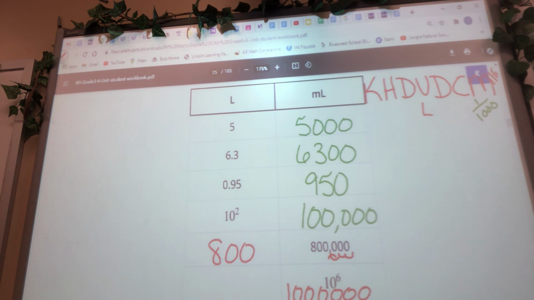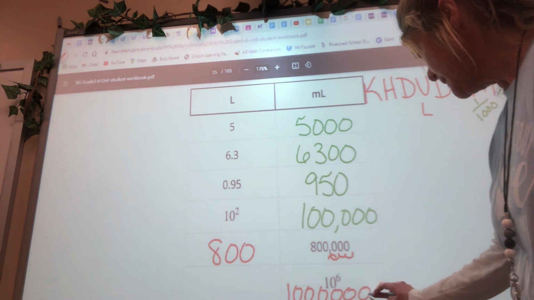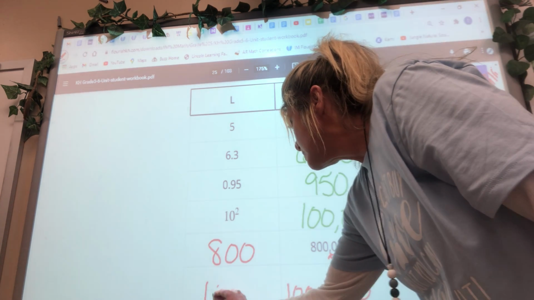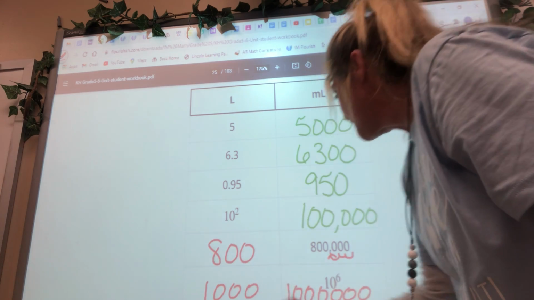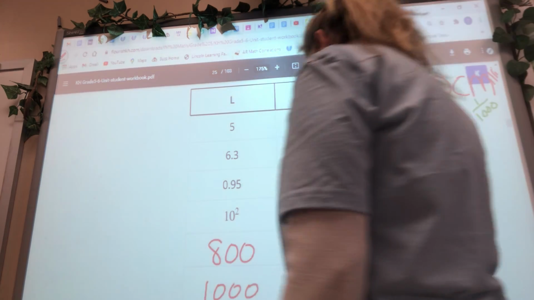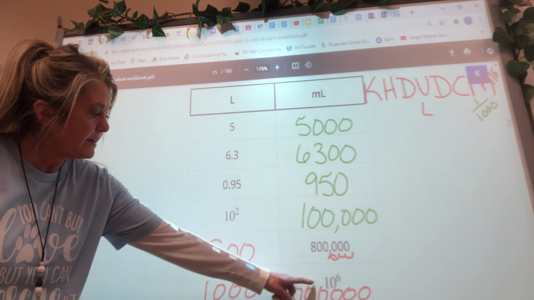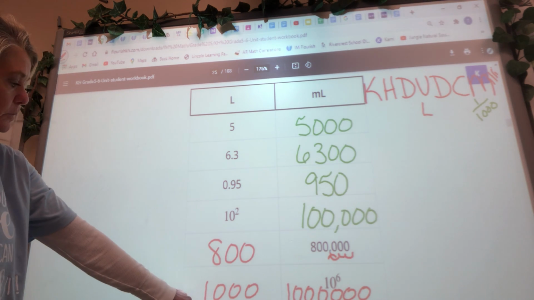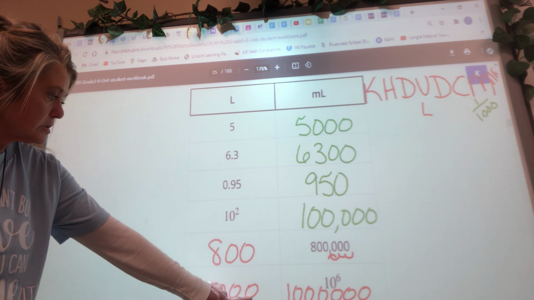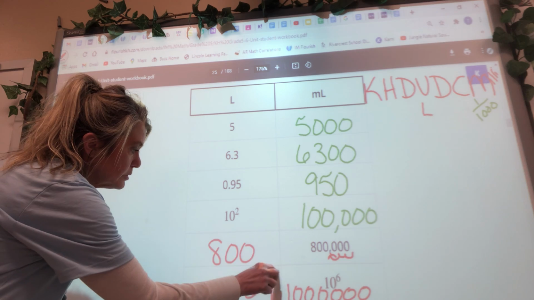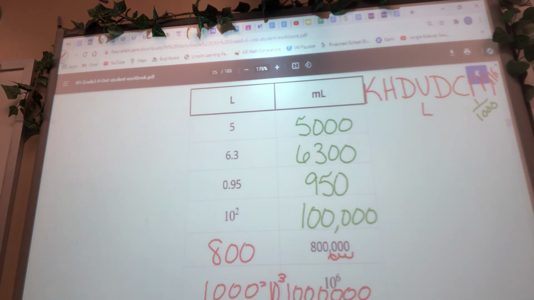Okay, so 1 million milliliters is equal to, if we had to move 3 times, 1, 2, 3, that would be 1,000. Now, if you want to write it the same as what they have it in, we have 3 multiples of 10, so that would be 10 to the 3rd power.